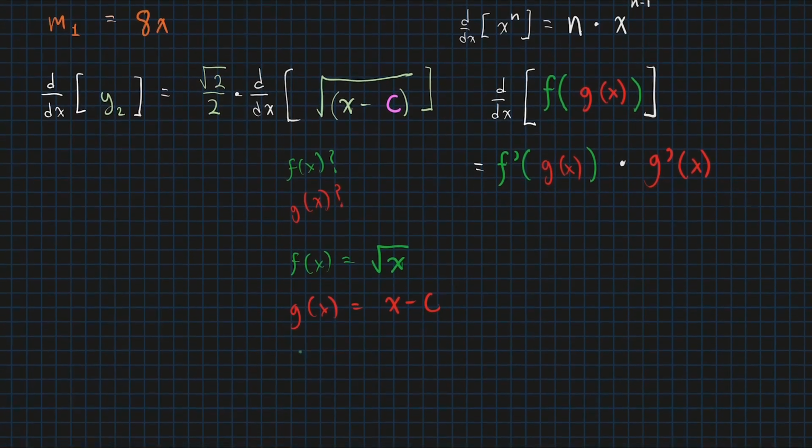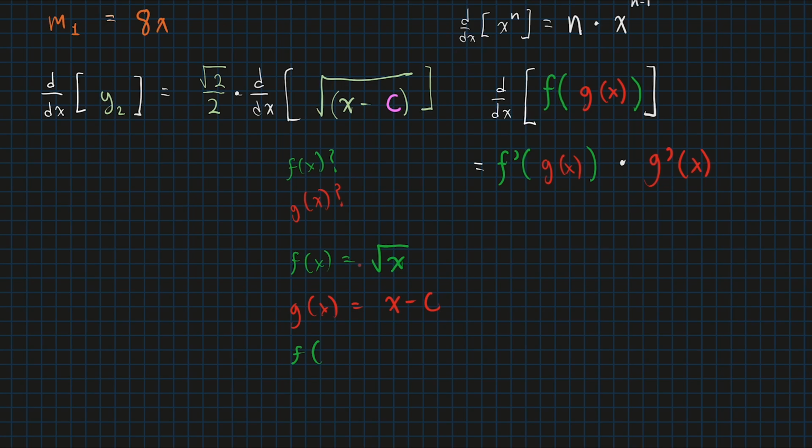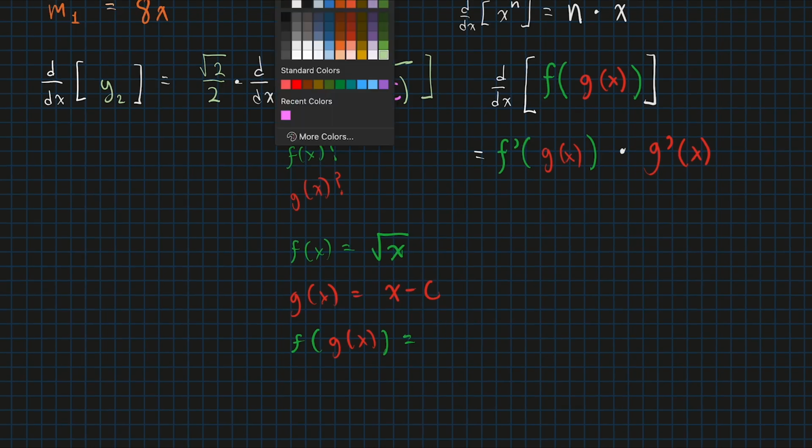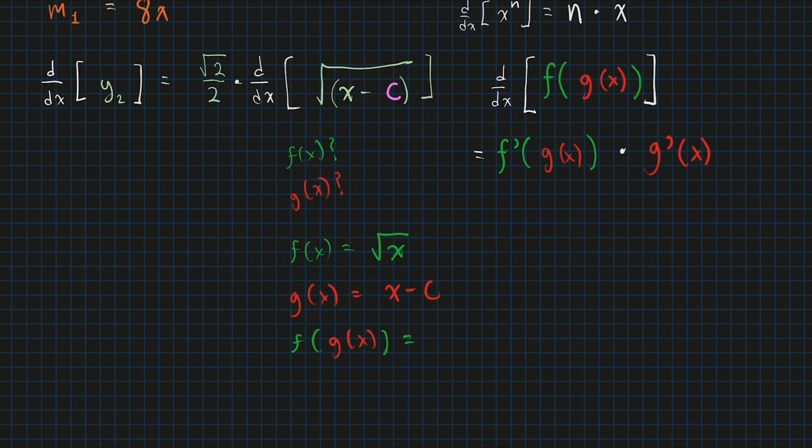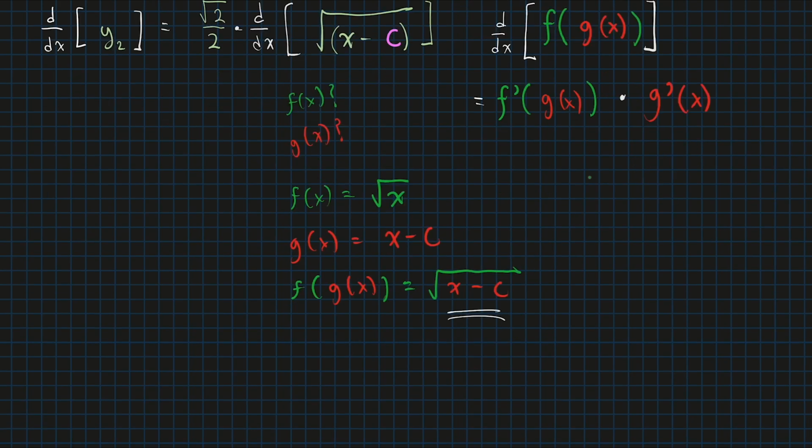Well, of course, f of g of x is equal to, we'll do it in our original green here, the square root of x minus c. And then we would apply this rule. So let's do that. To find f prime with respect to g of x, we're going to find f prime of x and then just plug in g of x.